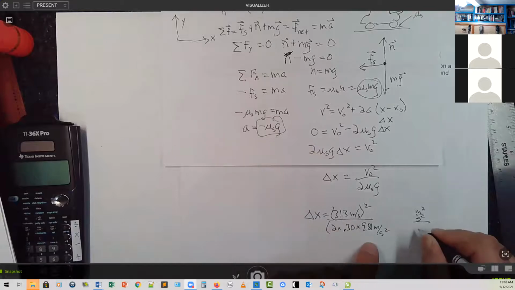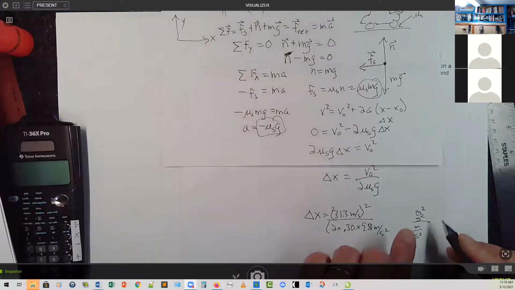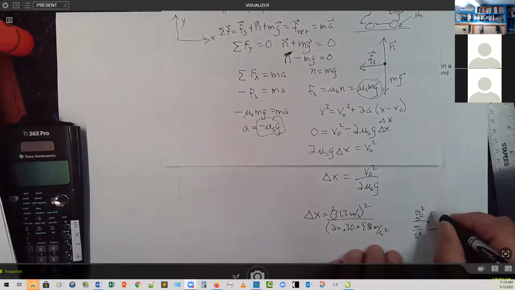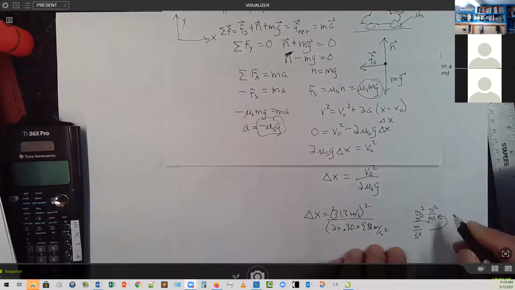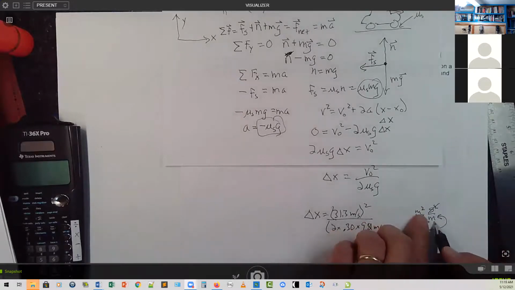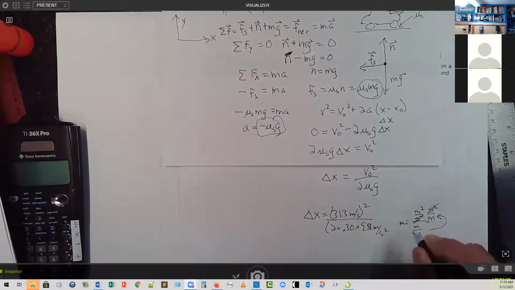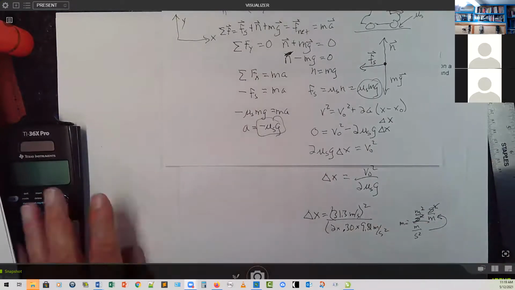On the bottom, I will have meters per second squared. And when you divide by a fraction, you flip it upside down. So I'll have seconds squared per meter when I divide by that. The seconds squared divide out, and I'll have meters squared over meters, which is just plain meters. So that's what I expect for a distance.